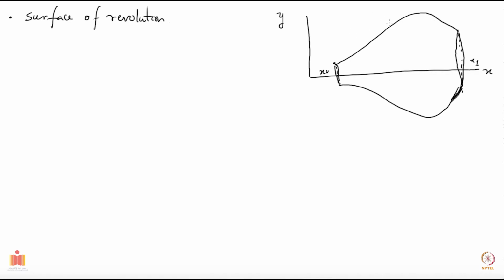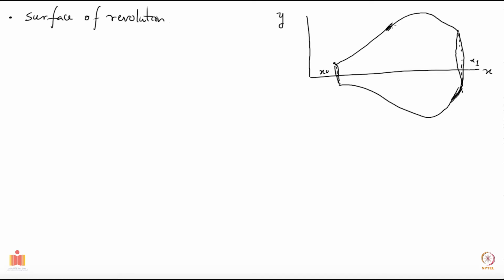But anyway, you can ask, what is the area of this revolution of this curve? So whatever shape, pot kind of thing you are looking at, what's the area of the surface of this pot? Okay, and let's find out what it will be.